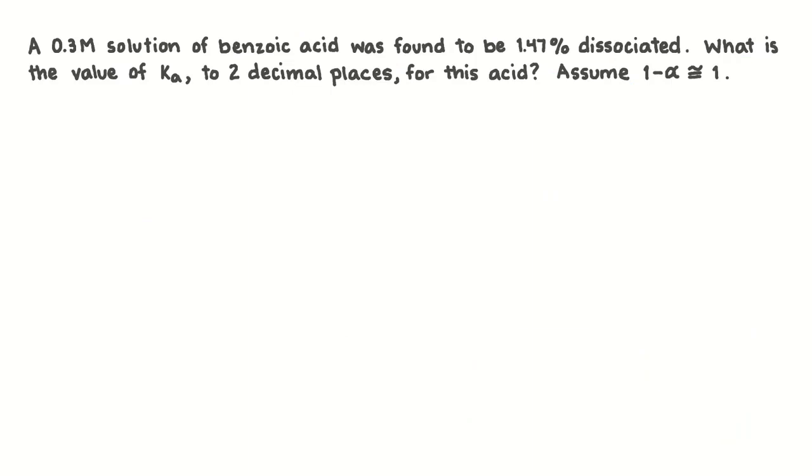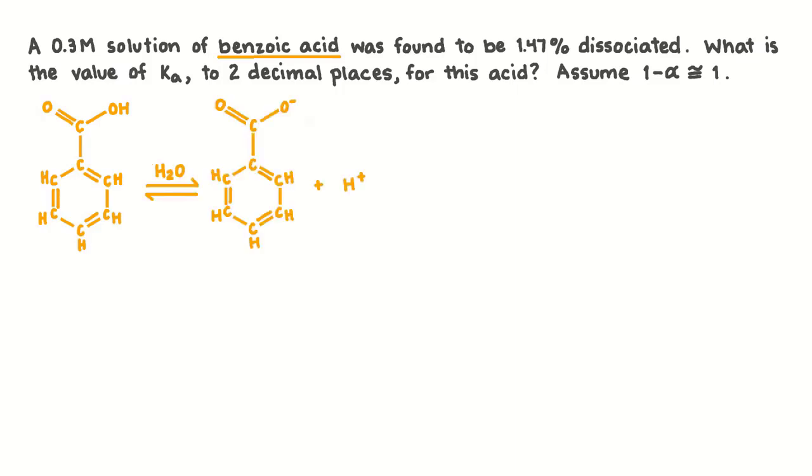A 0.3 molar solution of benzoic acid was found to be 1.47% dissociated. What is the value of Ka to 2 decimal places for this acid? Assume 1 minus alpha is approximately equal to 1. Benzoic acid is a weak acid. When it is dissolved in water, only a portion of the molecules will dissociate into benzoate ions and hydrogen ions.